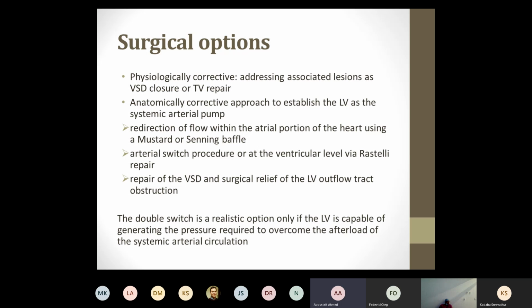However, when we have a VSD or a PS, with pressure loading of the left ventricle to systemic levels, the double switch operation can be deferred beyond the neonatal period without the LV deconditioning problems that could affect the surgical outcome negatively. So as a conclusion, the double switch is a realistic option if the LV is capable of generating the pressure required to overcome the overload of the systemic arterial circulation.